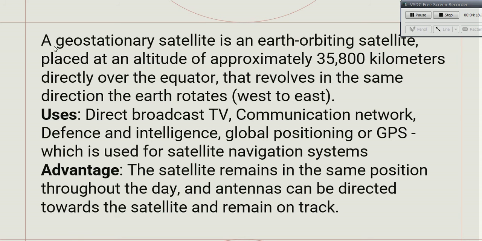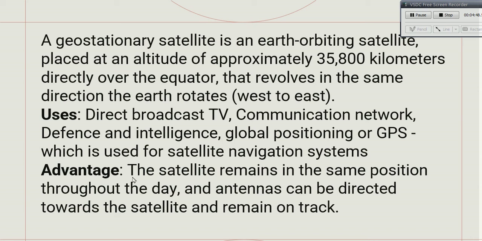So let's give a brief on both satellites. A geostationary satellite is an Earth orbiting satellite placed at an altitude of approximately 35,800 km directly over the equator that revolves in the same direction as the Earth's rotation, that is west to east. What are the uses? Direct broadcast TV, communication network, defense and intelligence, global positioning or GPS, which is used for satellite navigation systems.